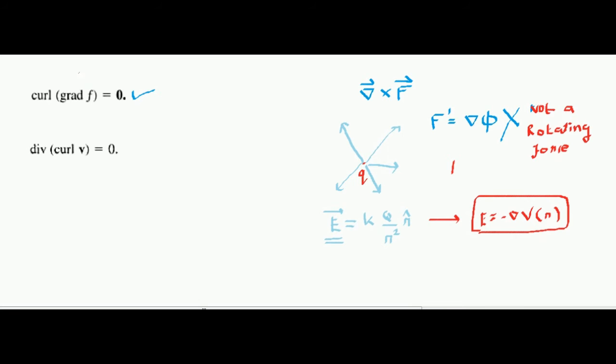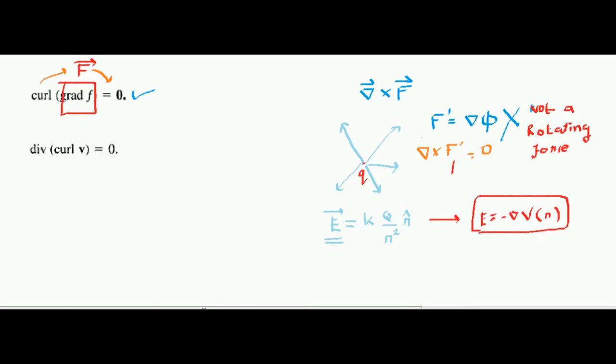So gradient of a function here represents some force F which is not rotating. So if this is not rotating, then when curl will act on this non-rotating force, it will fetch you an answer 0. So remember, curl of a non-rotating force is always 0.